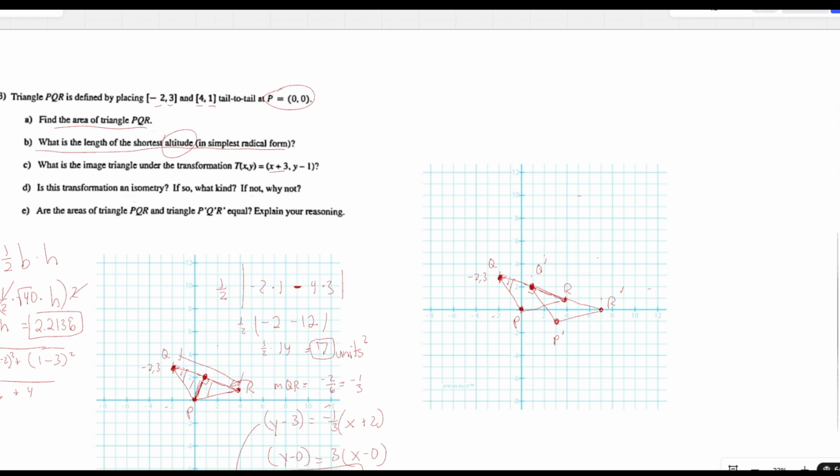So therefore that was an isometry, which it says as long as it doesn't change size or shape or doesn't get stretched, then it's an isometry. And that includes rotations also, as long as it's the same size. Are the areas equal? Yes, because both triangles are the same size and shape.